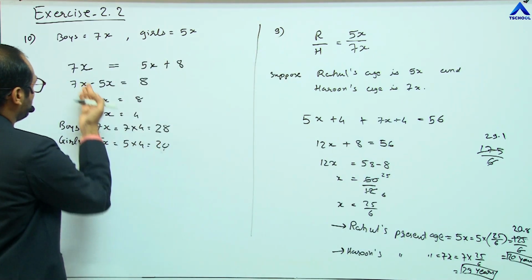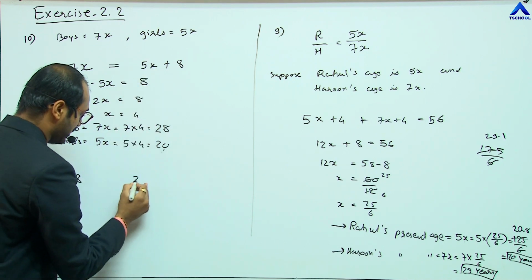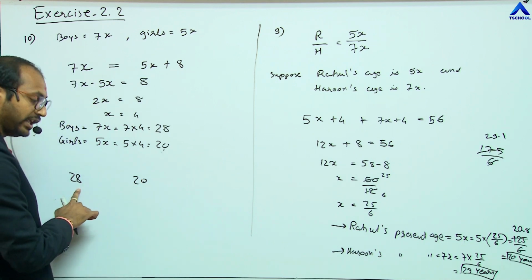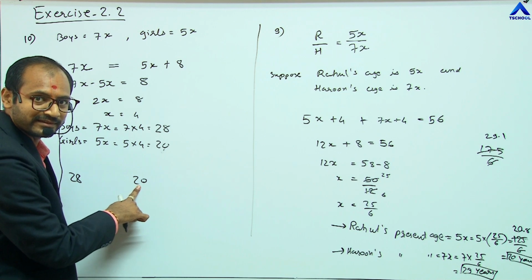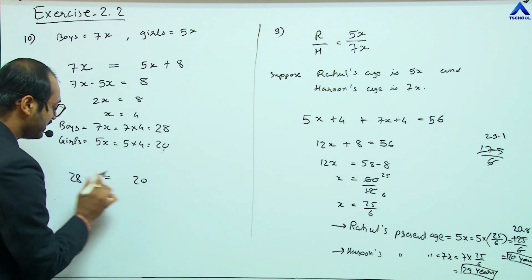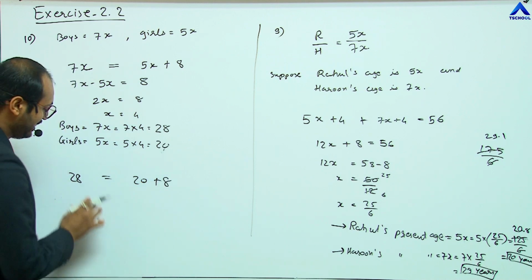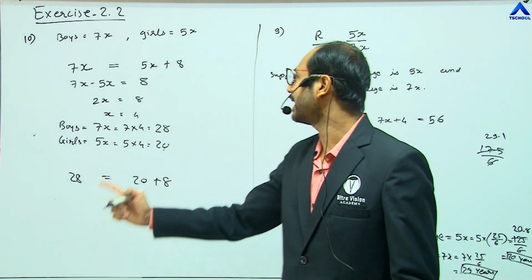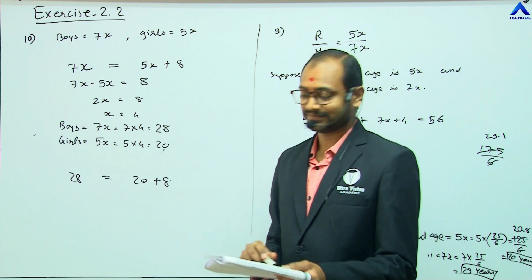Here the number of boys is 28 and the number of girls is 20. The question says there are 8 more boys than girls. Then how can we equate these two? By adding 8 on this side, then here is 28 and here also becomes 28. Hence, I am adding 8 on the girls' side. Clear?